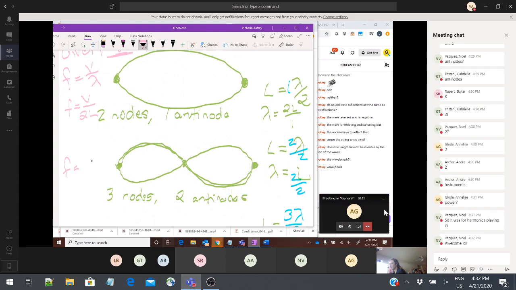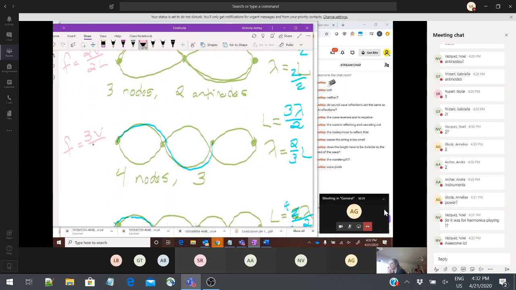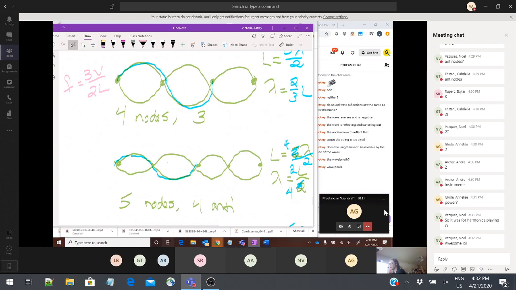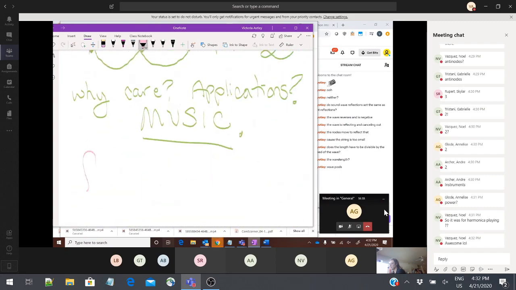This one would be 2V over 2L. This one would be 3V over 2L. This one would be 4V over 2L, etc. The frequency is mV over 2L. m equals 1 is the fundamental frequency of that wave.